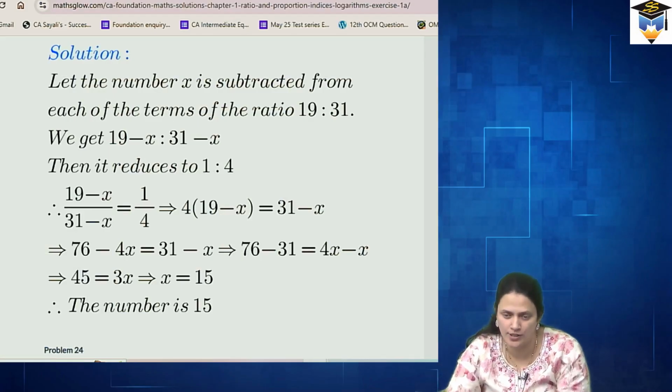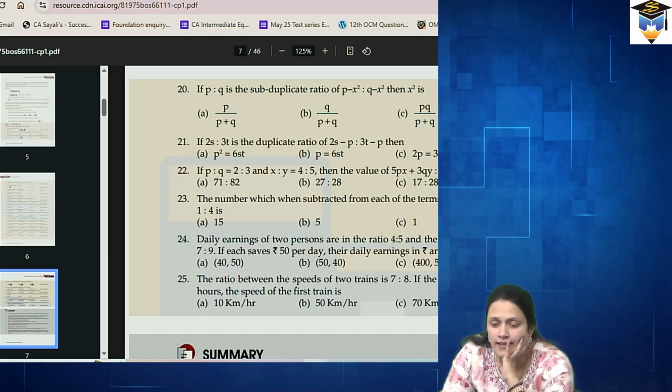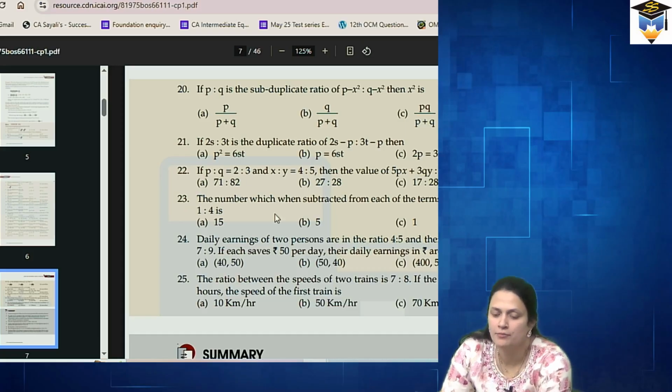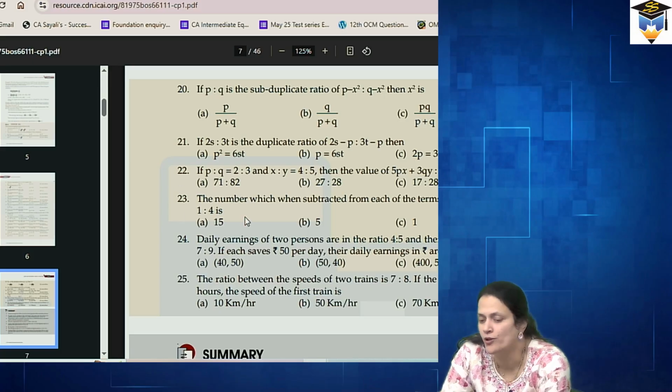First we'll read the question. 23rd. The number which when subtracted from each of the terms of the ratio 19:31 reduces it to 1:4. So 19:31 has to be reduced to 1:4.